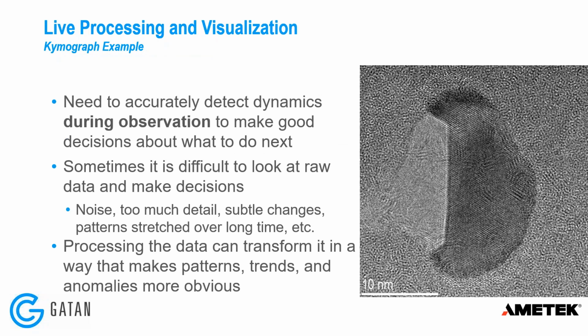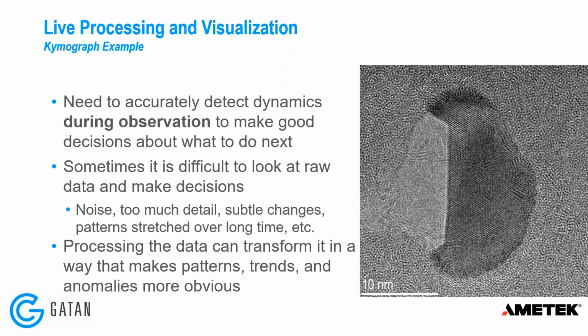The next example or set of examples that I want to show are all about live processing and visualization while sitting at the microscope. We often need to detect dynamics during observation at the microscope in order to make good decisions about what to do next. This is especially true for in situ experiments. But sometimes it's difficult to look at the raw data and make good decisions just based on looking at that raw data.